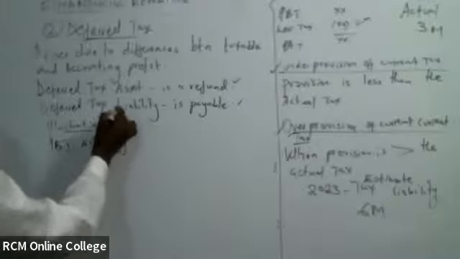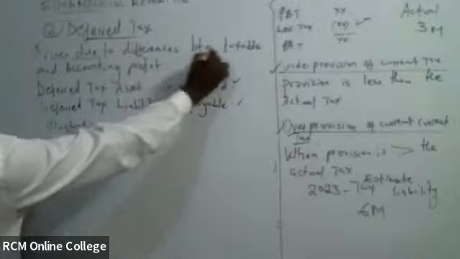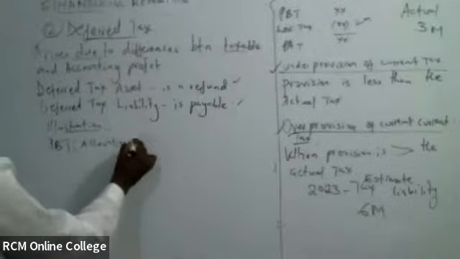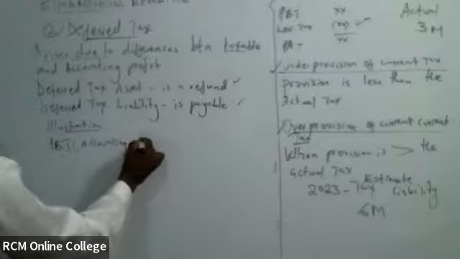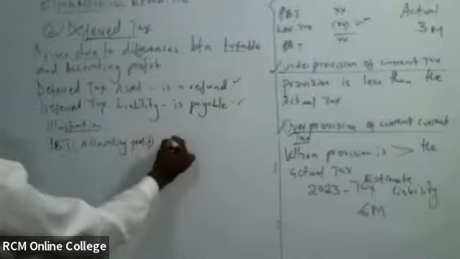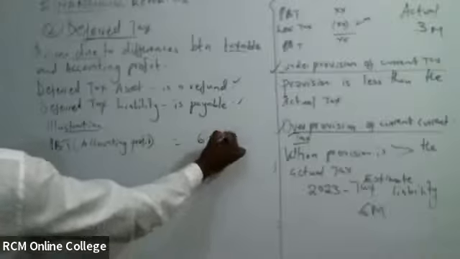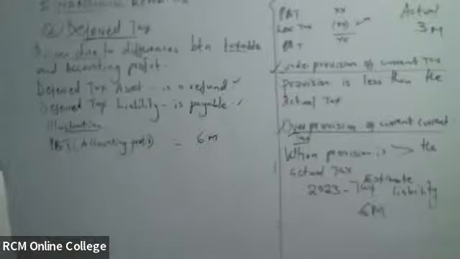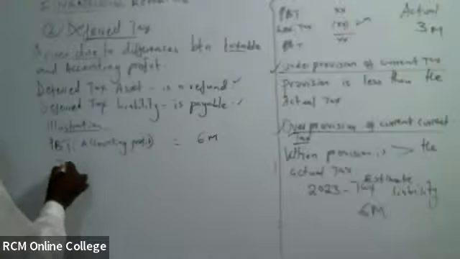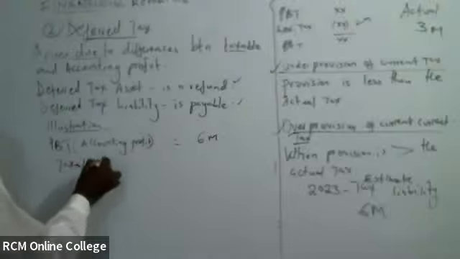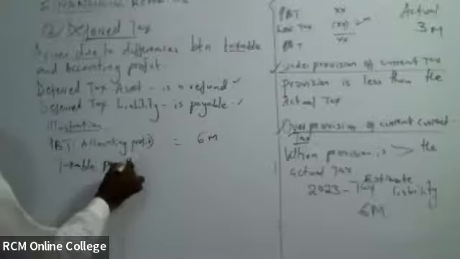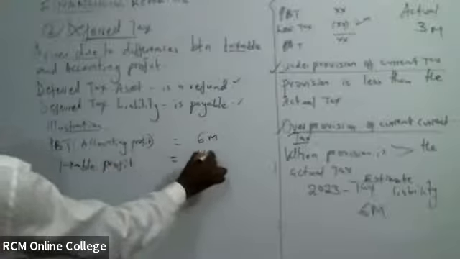We said it's given that it arises due to differences between the two, the taxable and the accounting profit. So accounting profit is here, and that is 6 million. Accounting profit is 6 million, and taxable profit is equal to 4 million.